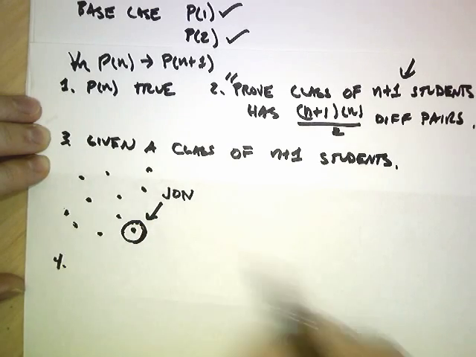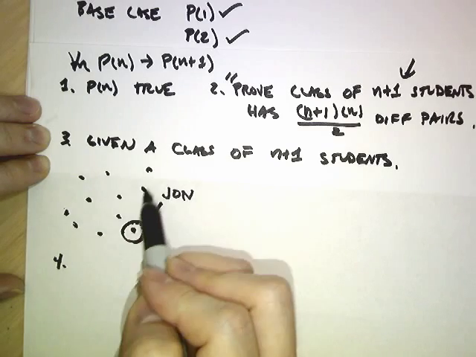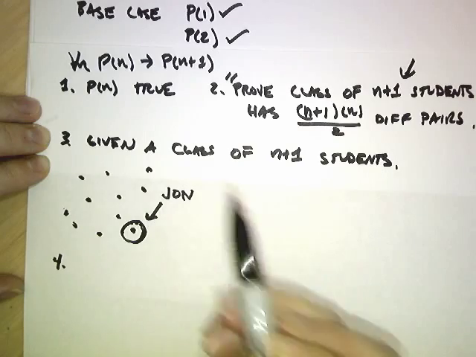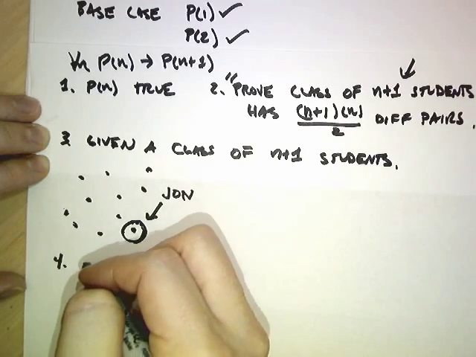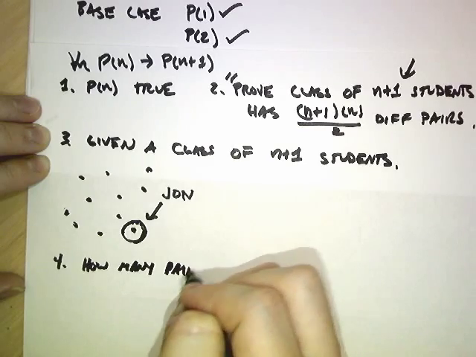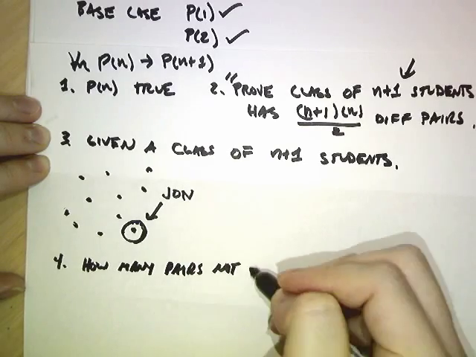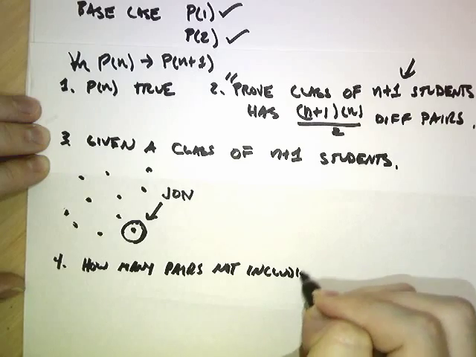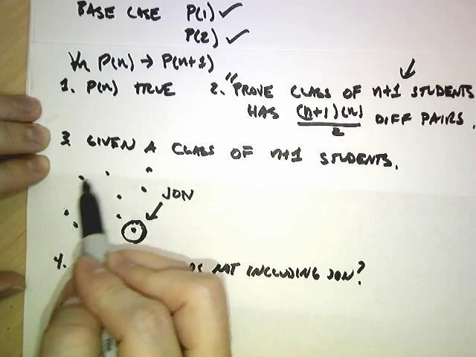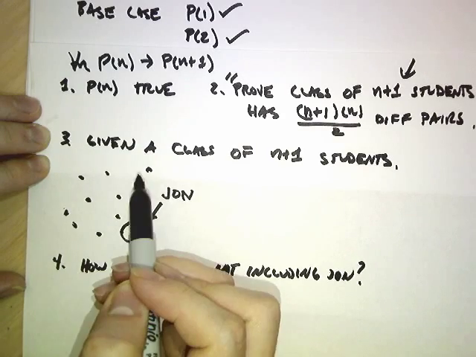Now, how many different pairs are there of students among these n students, not including John? So how many pairs not including John? Well, if they don't include John, it means how many different pairs are there of these n students?